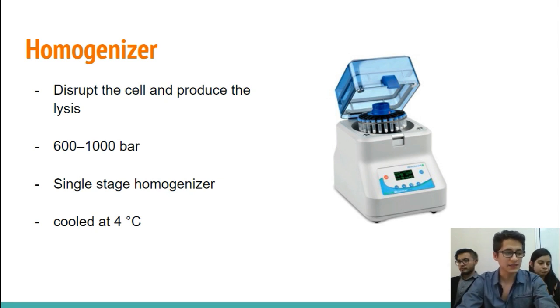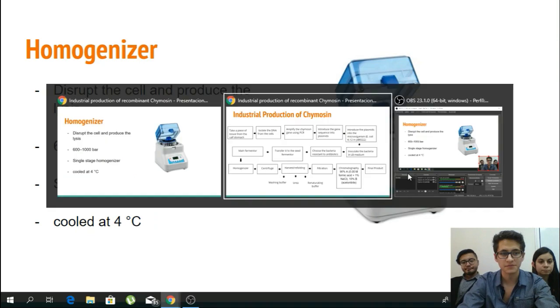After the lysis, we need to run the machine at a pressure of 600 to 1000 bar. The shells should be cooled at 4 degrees Celsius prior to use to avoid inactivating proteins by heating.